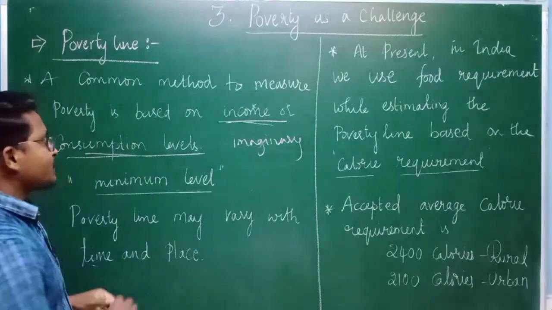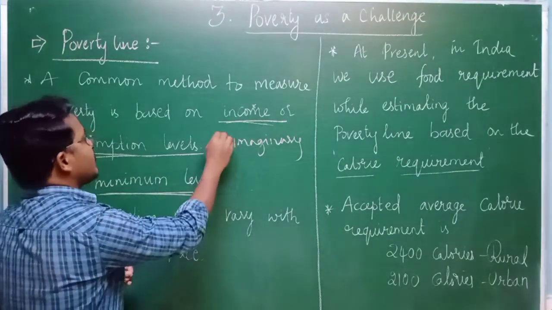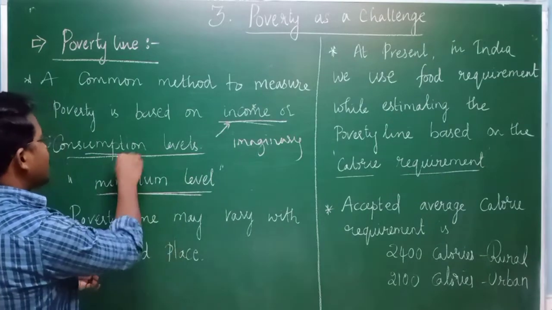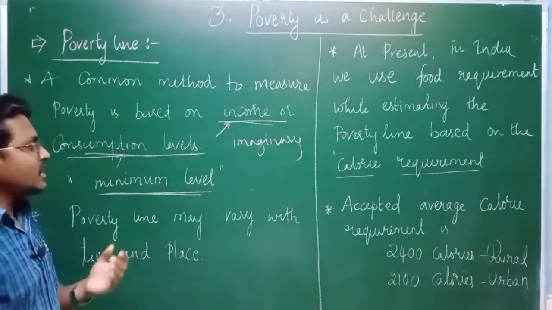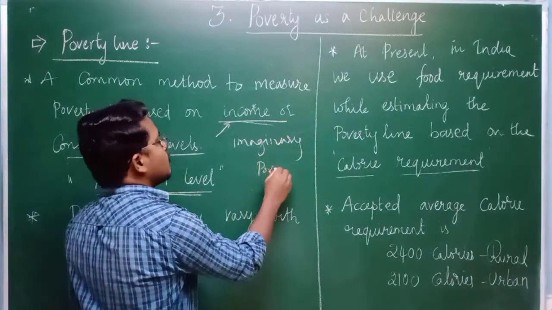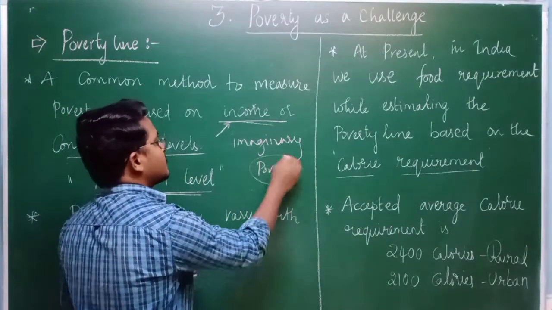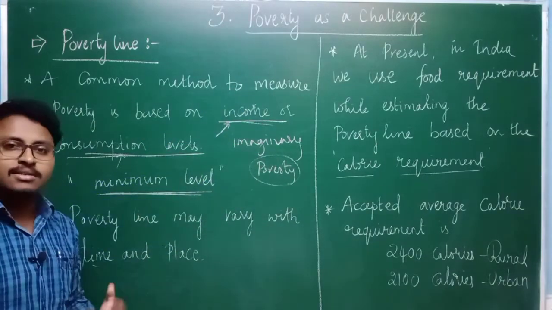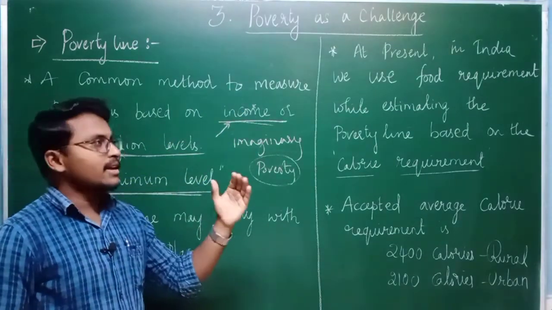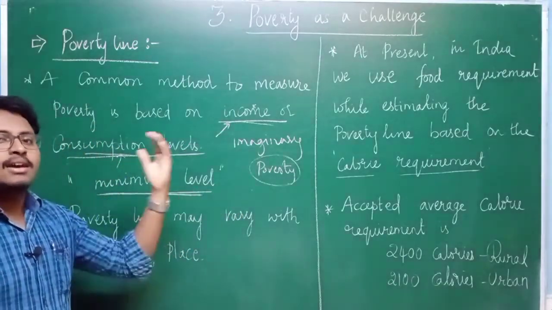For example, there will be a minimum level of income, and there will be a minimum level of consumption. If the minimum level is not crossed, we consider those people as living under poverty. For example, there should be a minimum level of income for a person. If he is not able to get that income, then we can consider that as poverty.